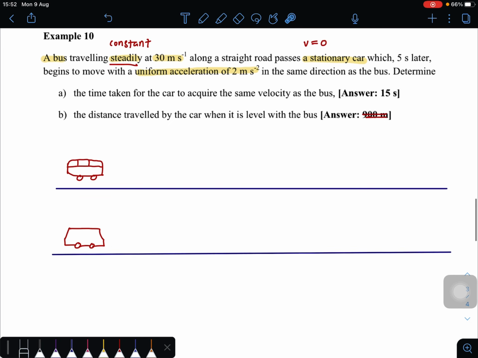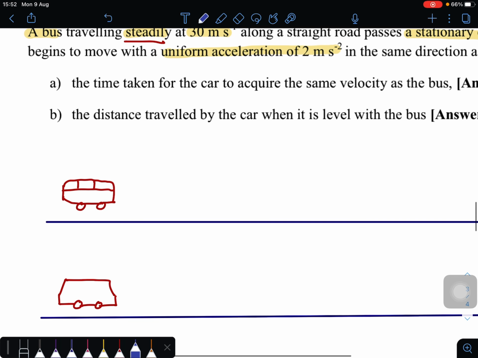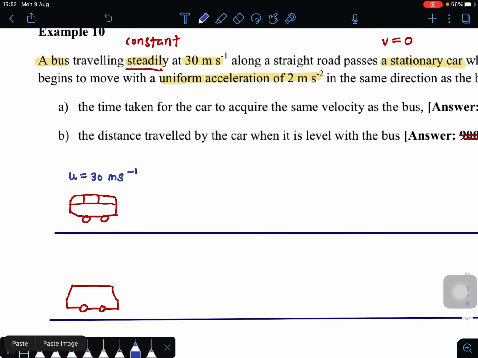It doesn't matter. Okay, so now we have the bus traveling with constant velocity. Constant velocity 30 meter per second. And then kalau constant velocity maksudnya acceleration dia kosong. Remember, constant velocity maksudnya maintain sepanjang masa dia maintain 30 meter per second.